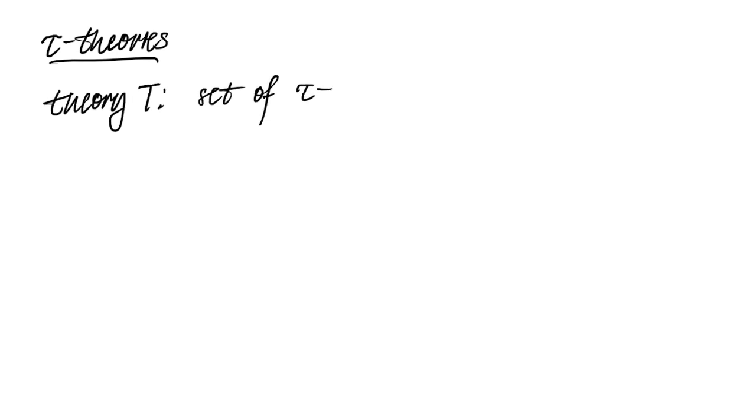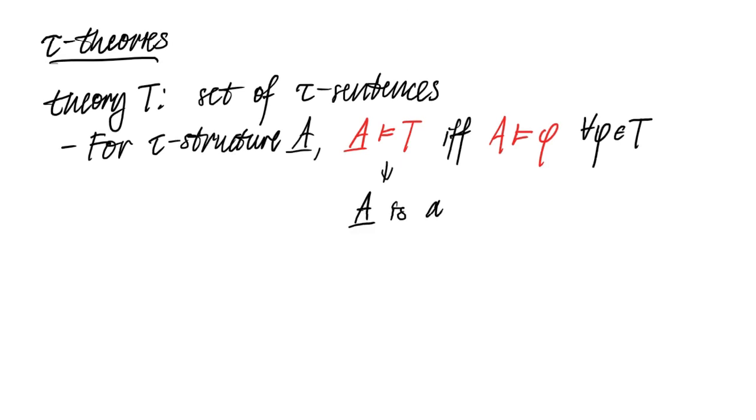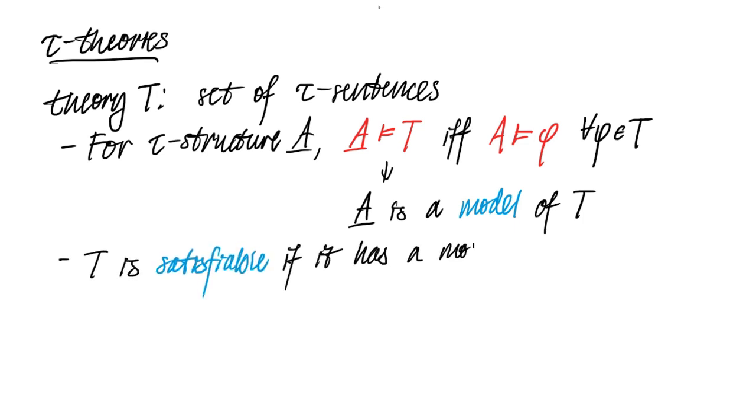We now define tau theories. Tau theories are defined as a set of tau sentences. For a tau theory T and tau structure A, A satisfies T if and only if A satisfies phi for all phi in T. This is equivalent to saying that A is a model of T. We note the following: T is satisfiable if it has a model.